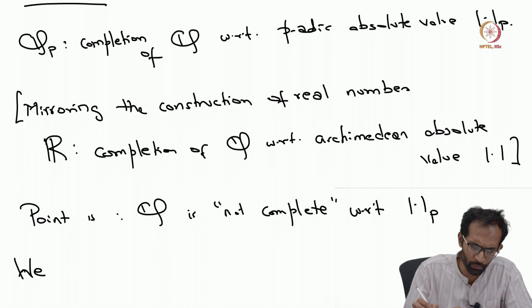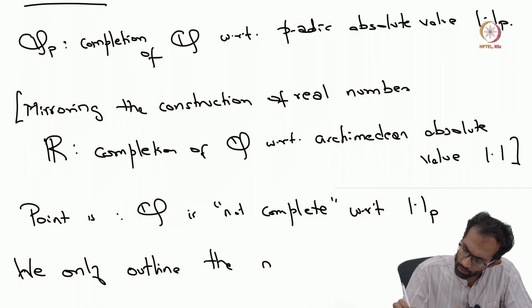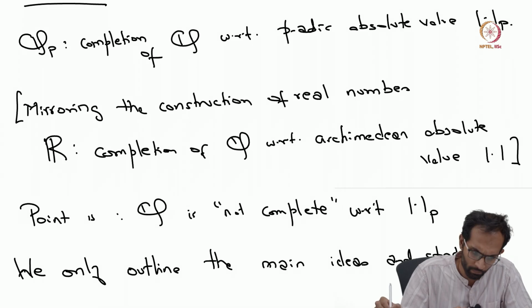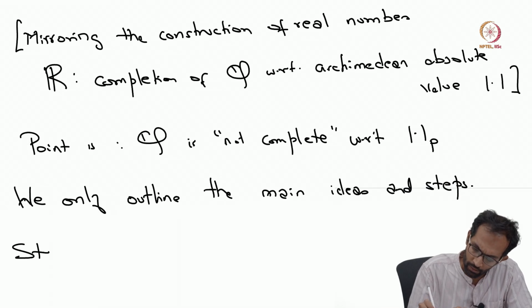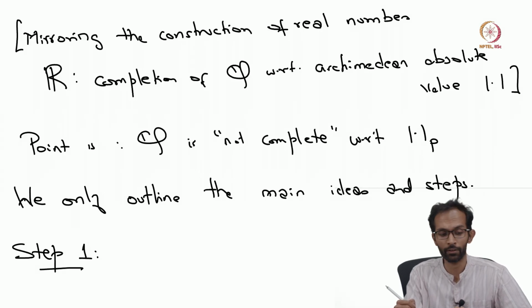So the construction is almost identical, so we'll only outline the main ideas and steps of what it means to complete Q with respect to the p-adic absolute value.